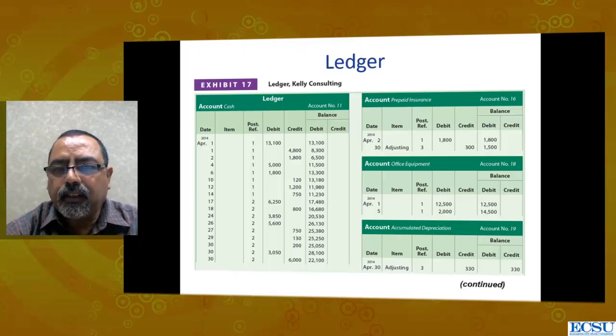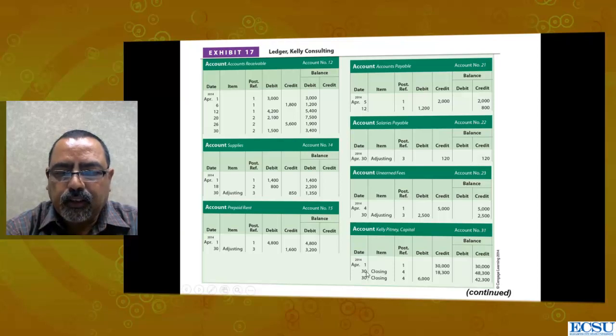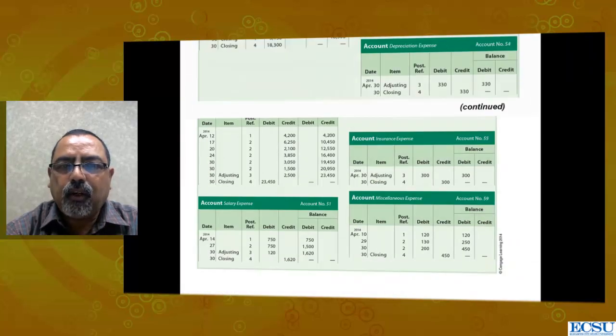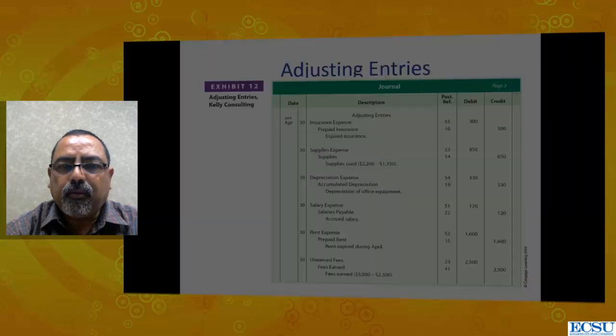So after the adjusting entry, whatever balance you have calculated, you should be able to take that to the adjusted trial balance. Now here, supposing there are some closing entries, we need to take the balance that is calculated before the closing entry. So this is 30,000. You have to be careful about that. So that is how you will be doing your adjusted trial balance.